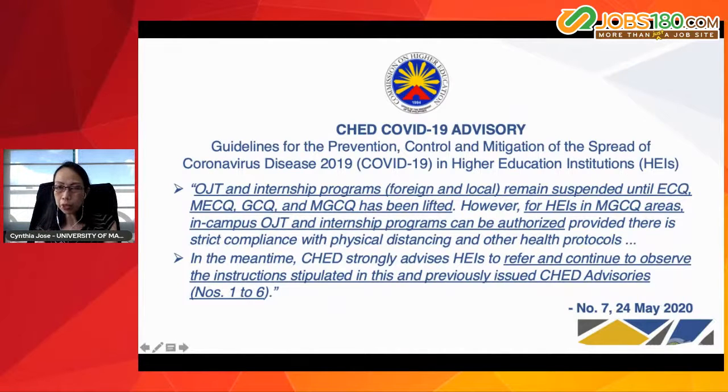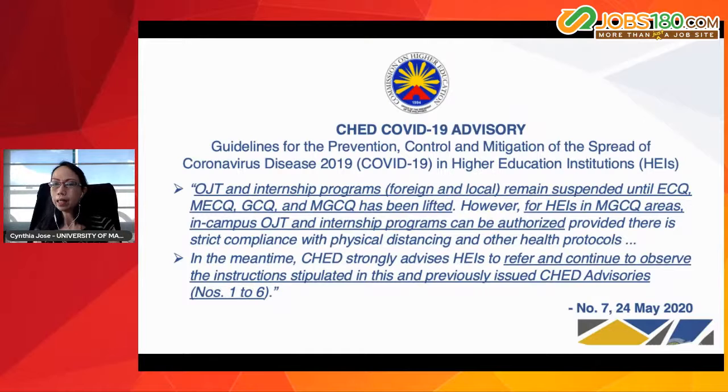Also in their advisory last year, they said that HEIs in modified GCQ areas could hold in-campus training, but with strict compliance with physical distancing and other health protocols. Towards the end of the advisory, the schools were reminded to refer to and continue to observe the stipulations in the previously issued advisories numbers 1 to 6.